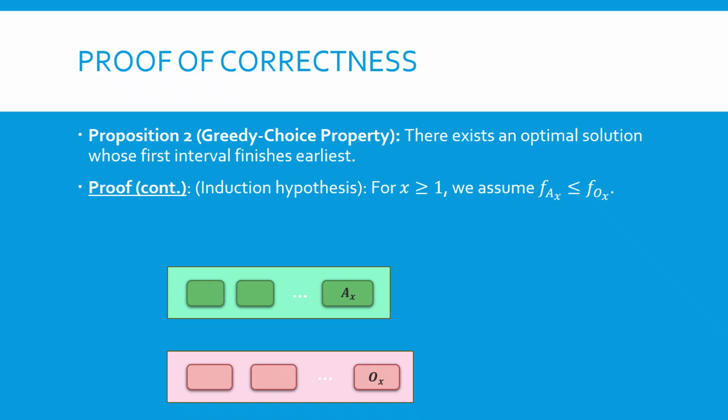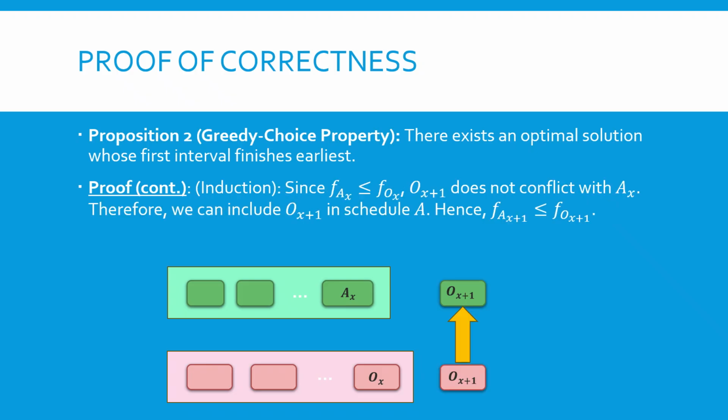The xth job in the green greedy set finishes no later than the xth job in the red optimal set. It assumes that the x block in the green set finishes sooner or at the same time as the x block of the red set. This is the condition we will use to prove the statement for index x plus 1.